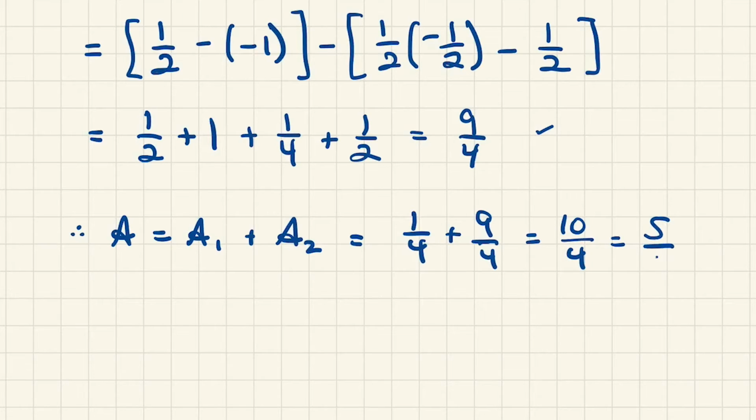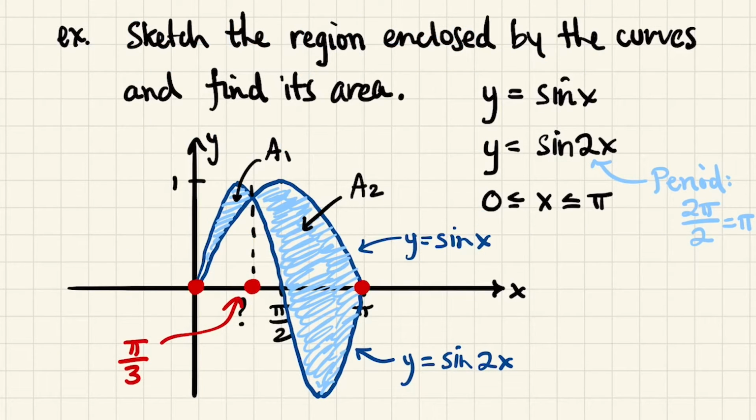That reduces to 5/2. So the combined area of that blue region is exactly 5/2. I find it especially striking that such an intricately defined region can have such a simple area as 5/2.